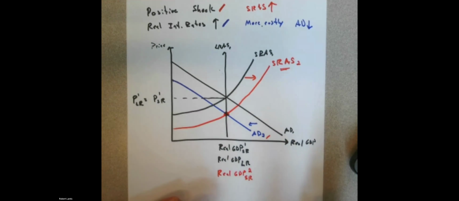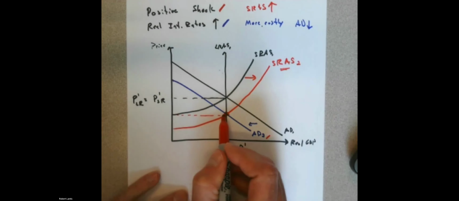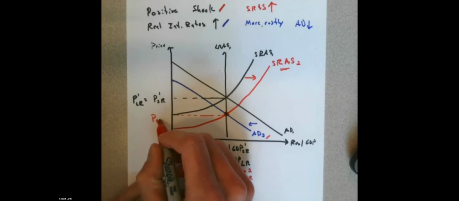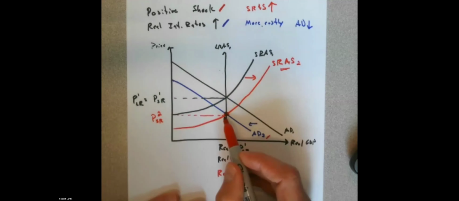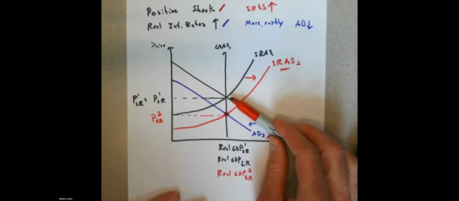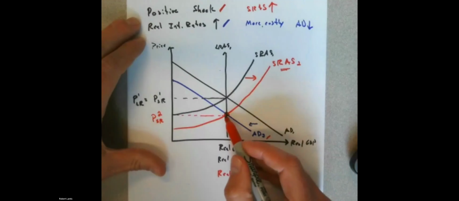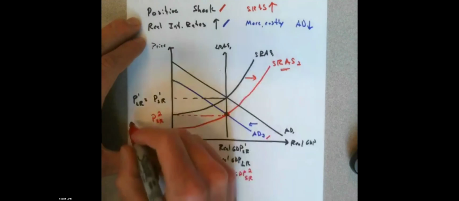So there's no change in my real GDP here in the long and the short run. However, what has occurred, my short run prices are now lower, but also my long run prices. It doesn't matter what my short run cost curves are. It's where the new aggregate demand hits my long run aggregate supply.